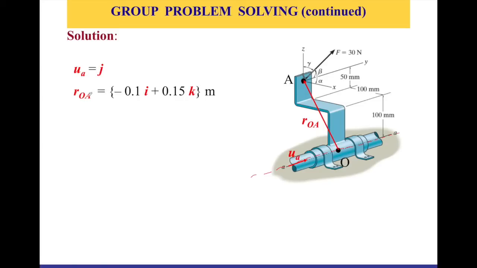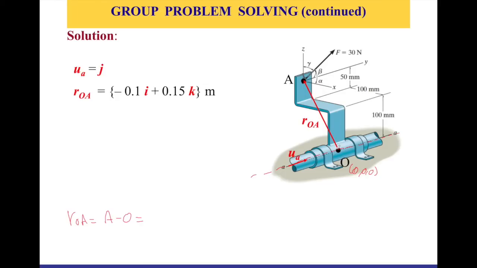Now for the position vector ROA, you remember from the previous lectures that the position vector is the coordinates of A minus the coordinates of O. If we assume that this is our origin O, the 0, 0, 0 point, then for the coordinates of A, assume this is x, y, and z.